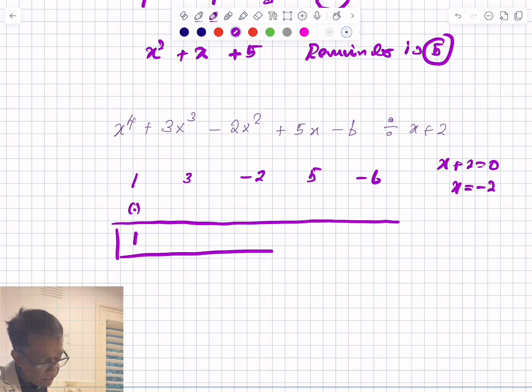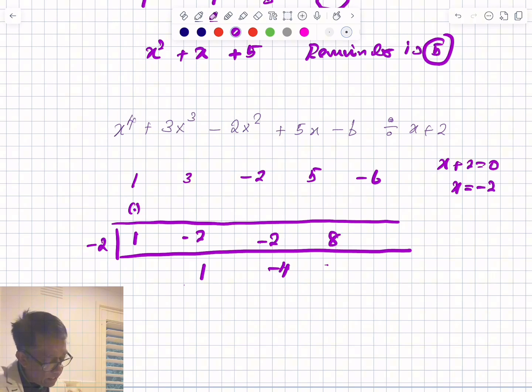We have to write negative 2 here. Negative 2 times 1 is negative 2. If we add them, 3 minus 2 is 1. Negative 2 times 1 is negative 2. If we add them, negative 4. Negative 2 times negative 4 is 8, plus 5 is 13. Negative 2 times 13 is negative 26. What is it?